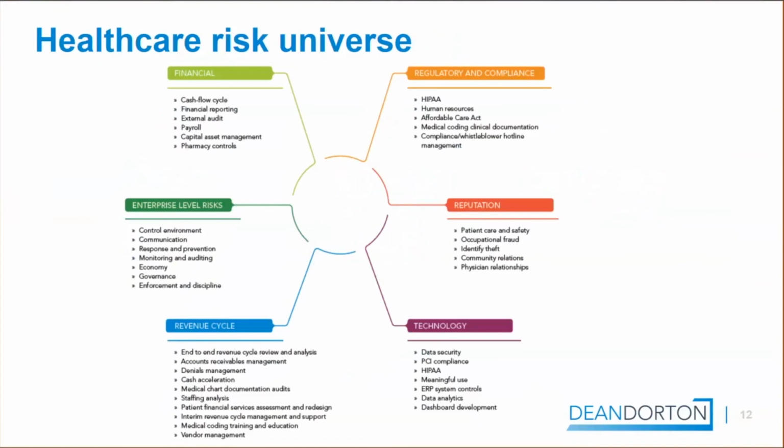So this slide is our healthcare risk universe that we have typically thought of. They fall under six main domains: financial risks, regulatory compliance risks that I'm sure we're all familiar with, and reputational risks. Obviously, in the past, you never wanted to have any sort of incident occur at your healthcare facility that might land you on the front page of the newspaper or have a story run on you on WKYT.